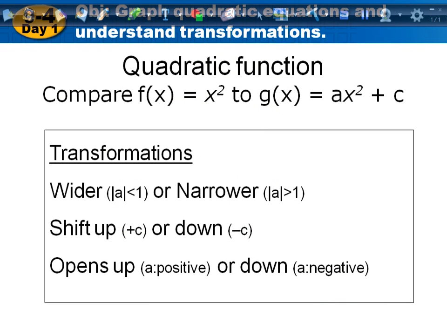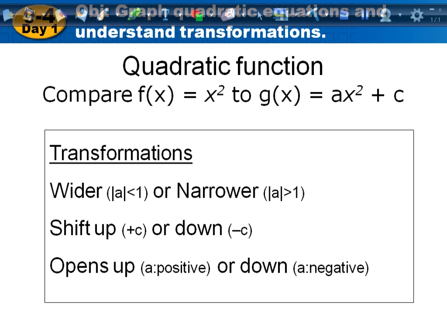All right, quadratic functions, it says compare f of x to g of x, which is what we're doing. I want you to write down what's in this box, so pause the video if you need to. Transformations. If I'm looking at a, which is the number for the x squared, if the absolute value of that is less than 1, it's wider, meaning that it's a fraction or a decimal between 0 and 1.